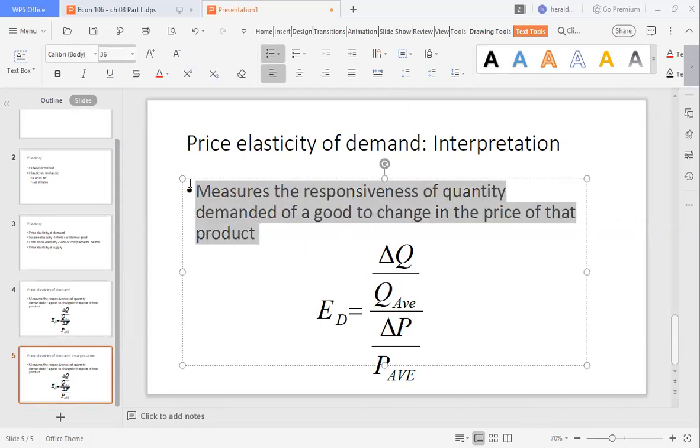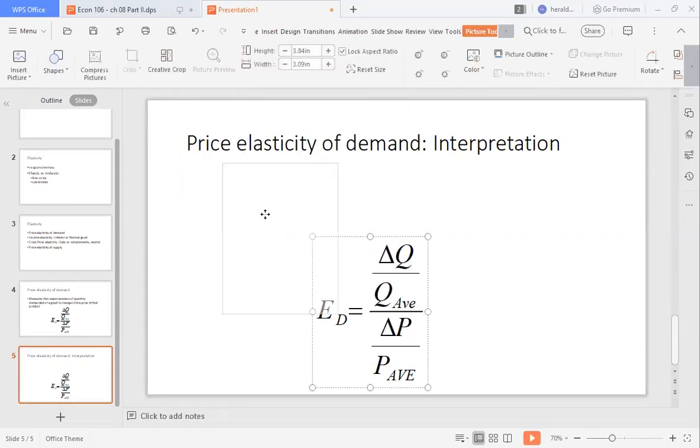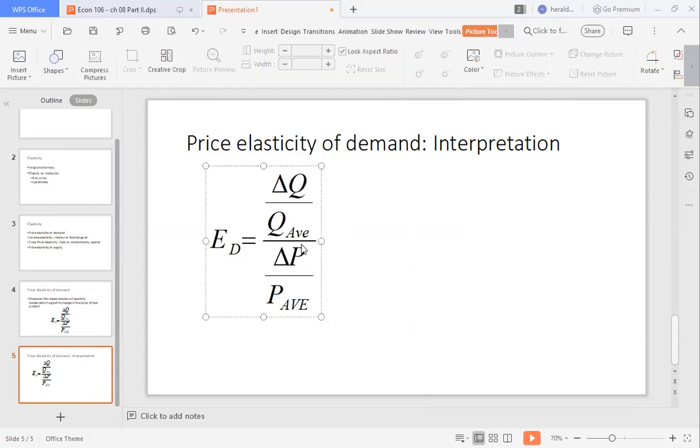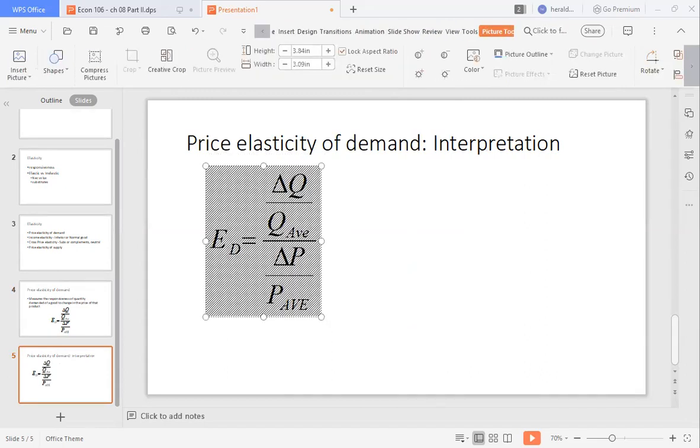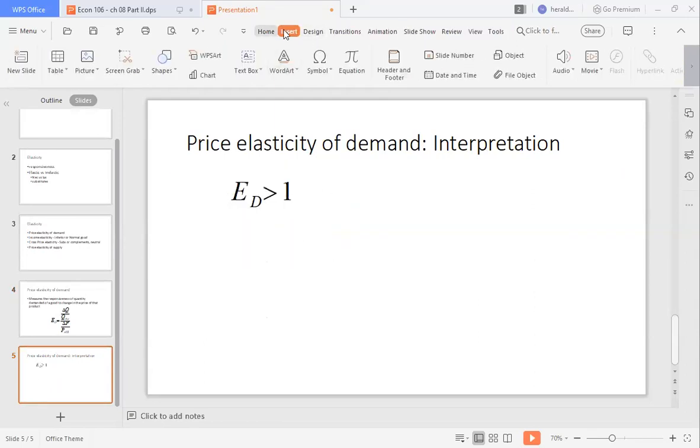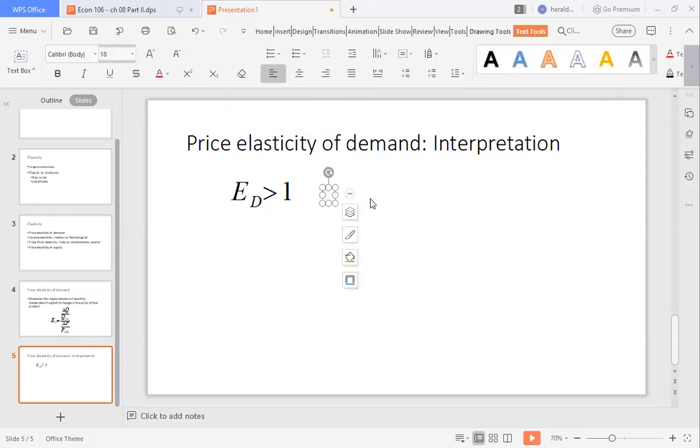So when the price elasticity of demand is greater than one, we call that an elastic good. You can take the absolute value here, because it is understandable that it would be negative.